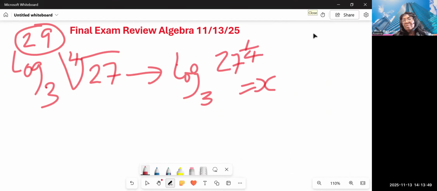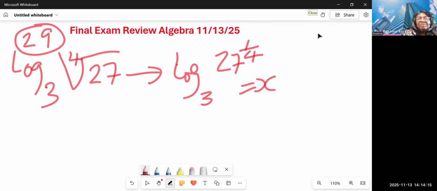Okay. So I can see that now that I have written it, let me see if I can change it to an exponential equation. And when I change it to an exponential equation, I will see if I can put both sides to the same base.